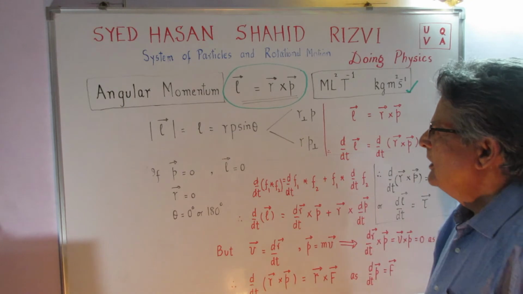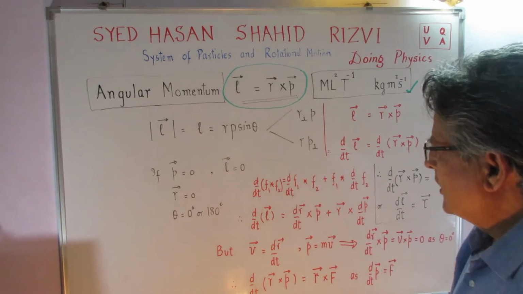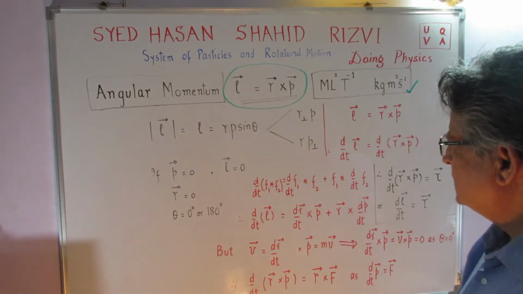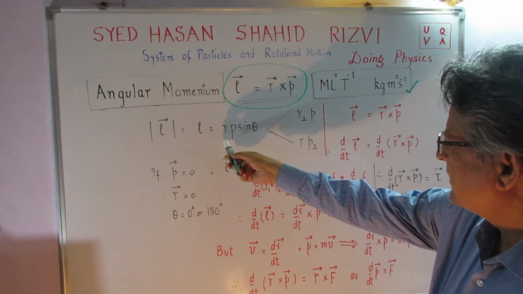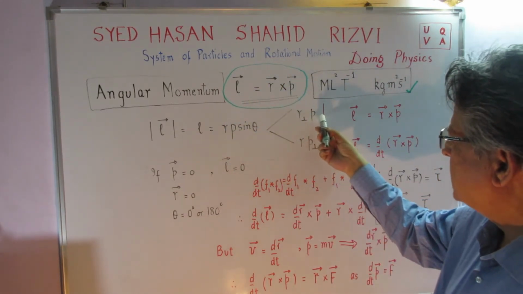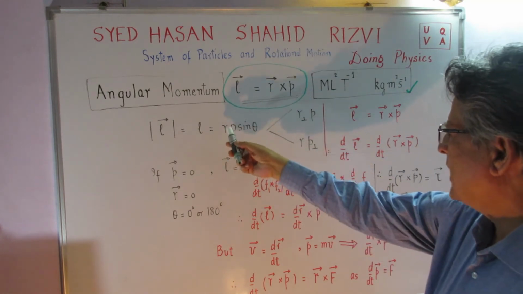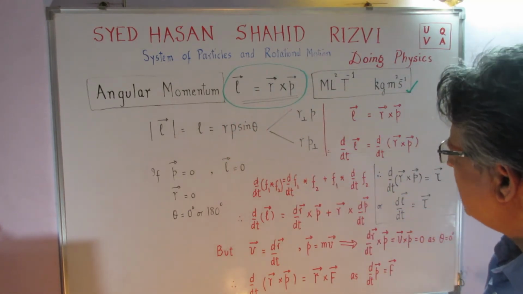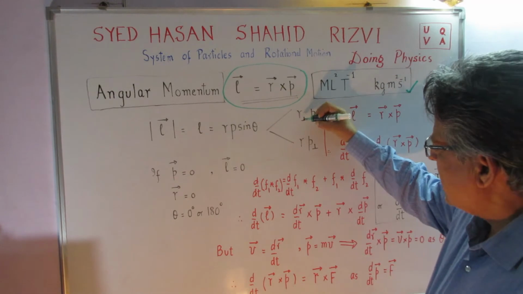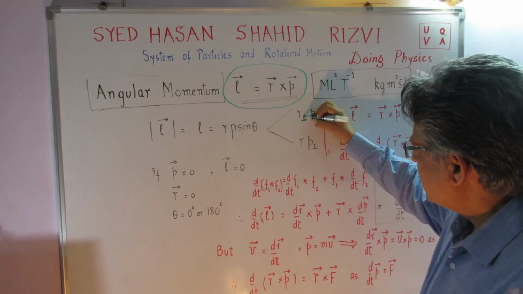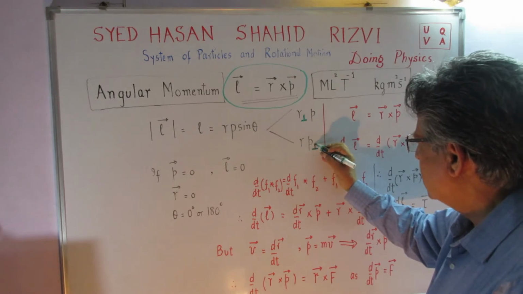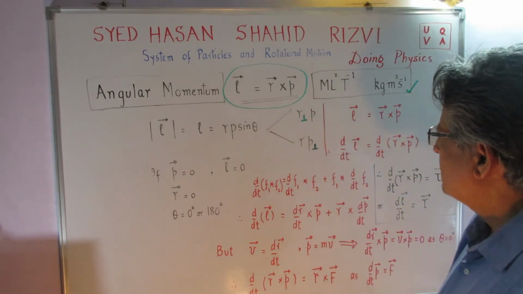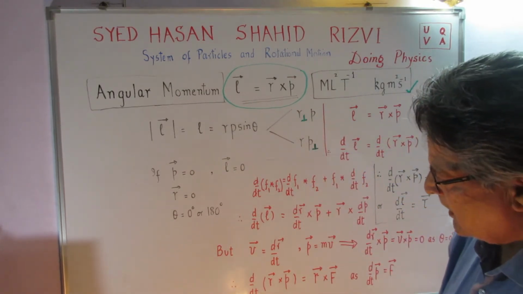Like before, in the case of torque, this can have two components. One I can write as R sine theta into P, and the other as R into P sine theta. So I define R perpendicular here and P perpendicular over here. They have similar meanings to what I have done before.